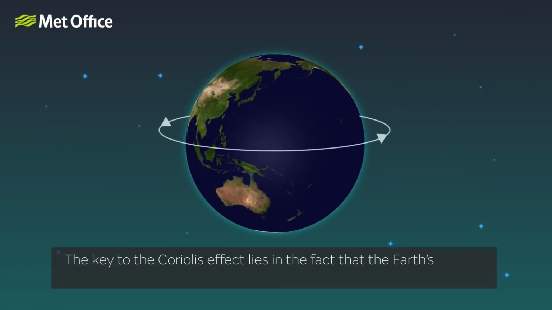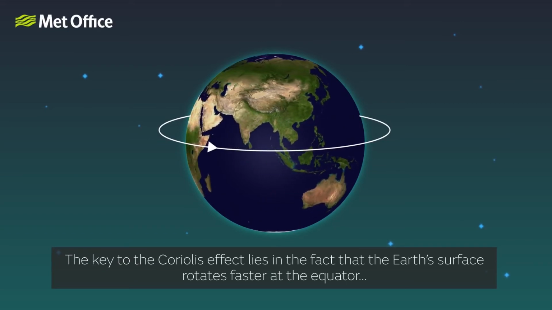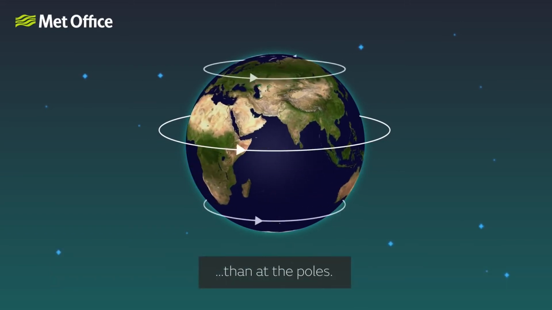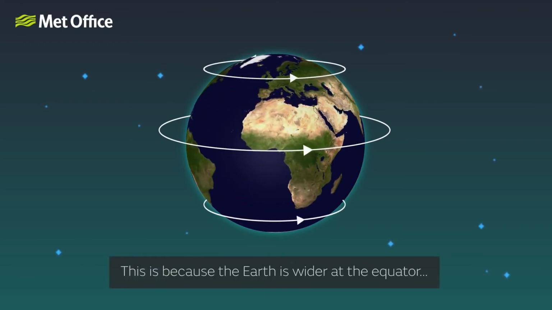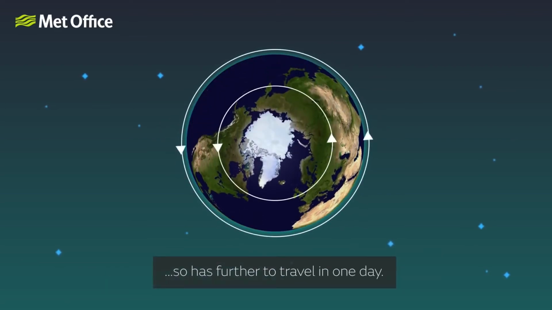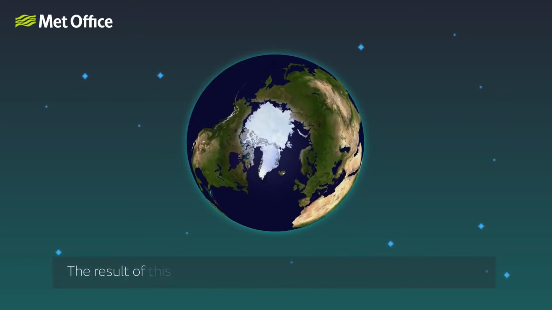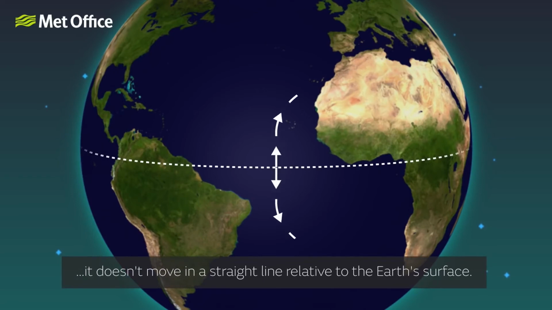The key to the Coriolis effect lies in the fact that the Earth's surface rotates faster at the equator than at the poles. This is because the Earth is wider at the equator, so has further to travel in one day. The result of this means that as air moves away from the equator, it doesn't move in a straight line relative to the Earth's surface.